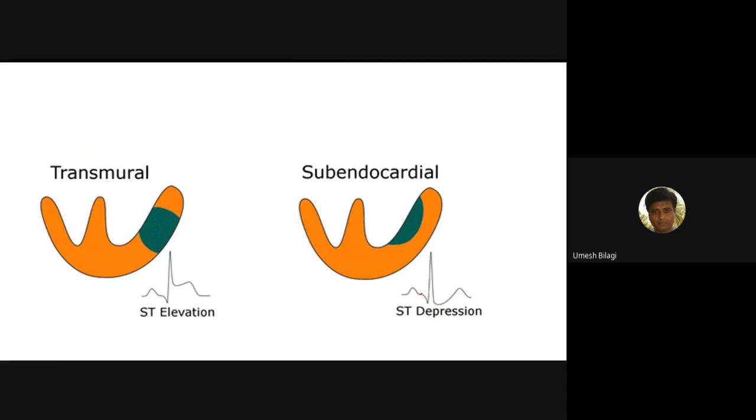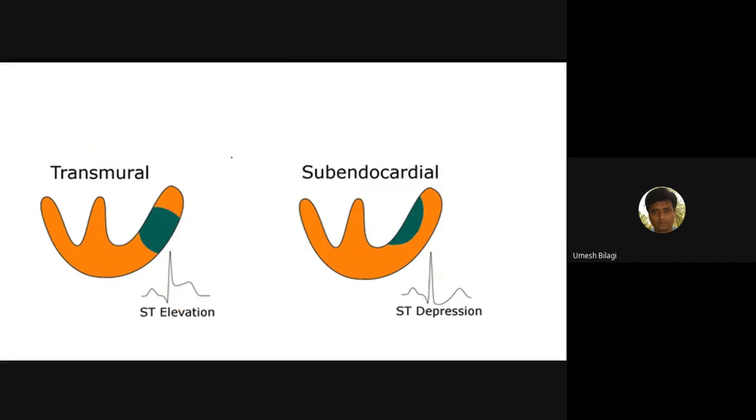This is the isoelectric line, the PR segment. Here it is ST elevation. Here there is ST depression. So subendocardial infarction or ischemia will produce ST depression, whereas full thickness infarction will produce ST elevation.